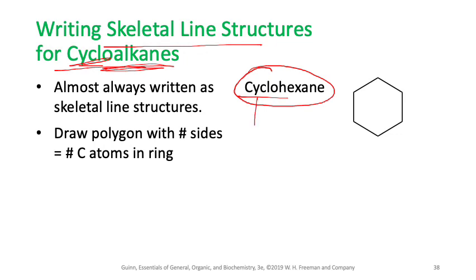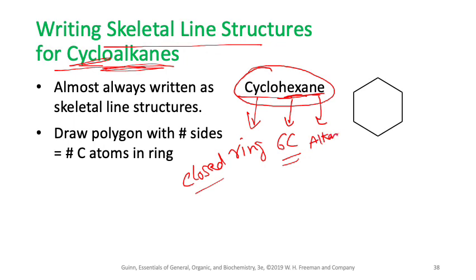The time I read cyclo, I know this is a closed ring structure. Hex means containing 6 carbon. Ane means an alkane containing all single bonds. So let's make a closed ring that contains 6 carbon.